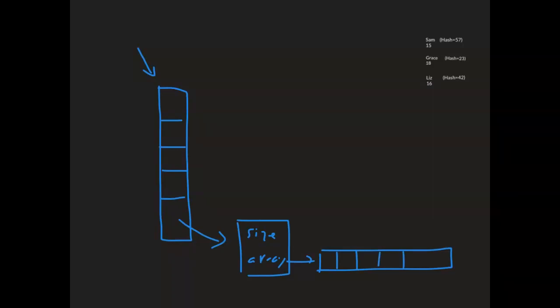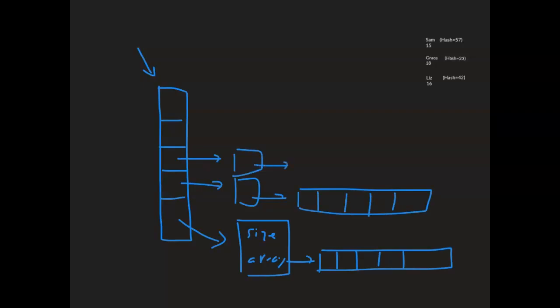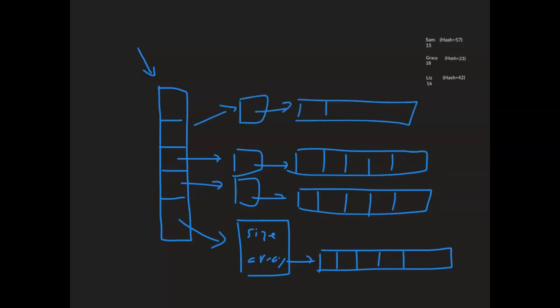Each of these is going to do the same, so I'll just put a small box here, which means size and array, and then an array coming off of it. We're going to use a lot more memory, but it's not terrible. We'll draw all these in. We're going to run out of space pretty fast when we try to put in the entries, but we'll figure it out.